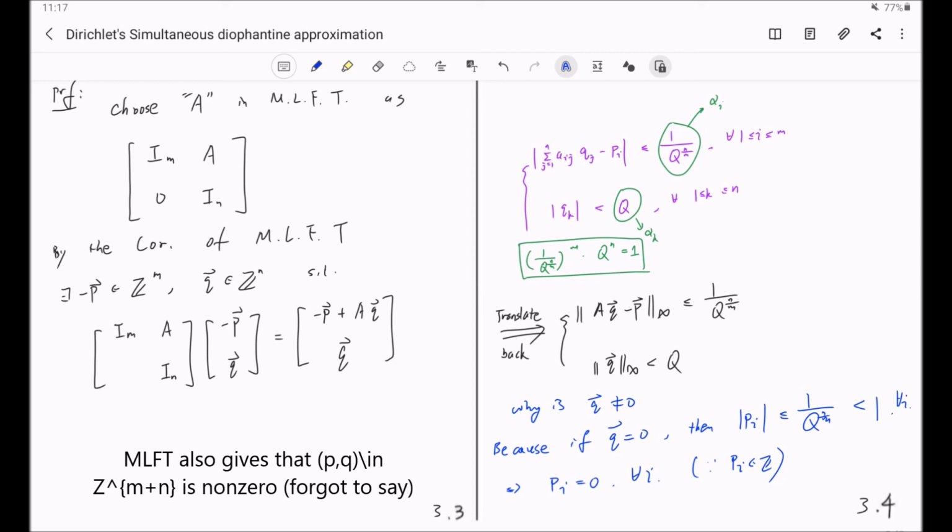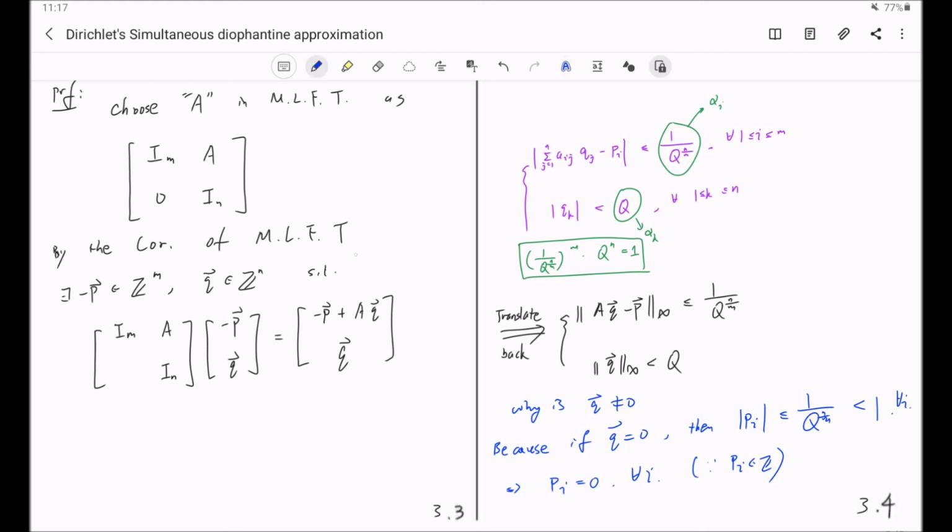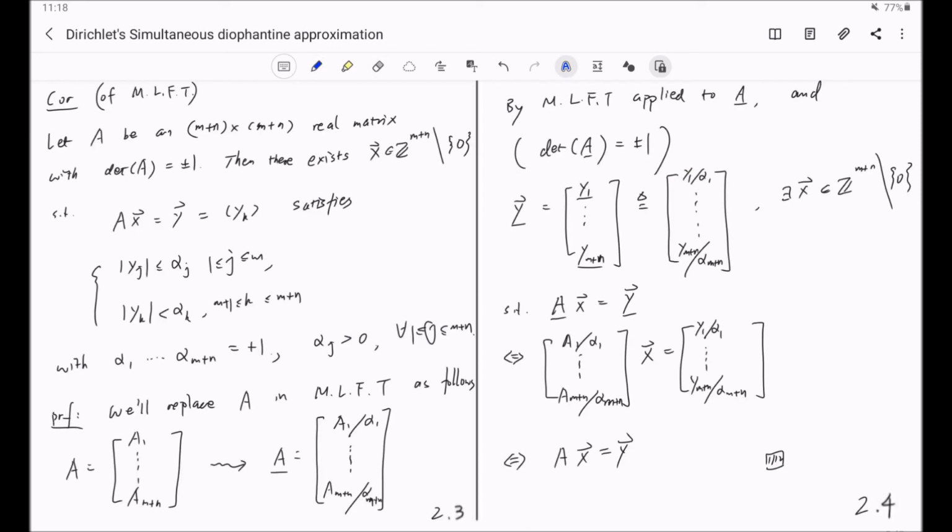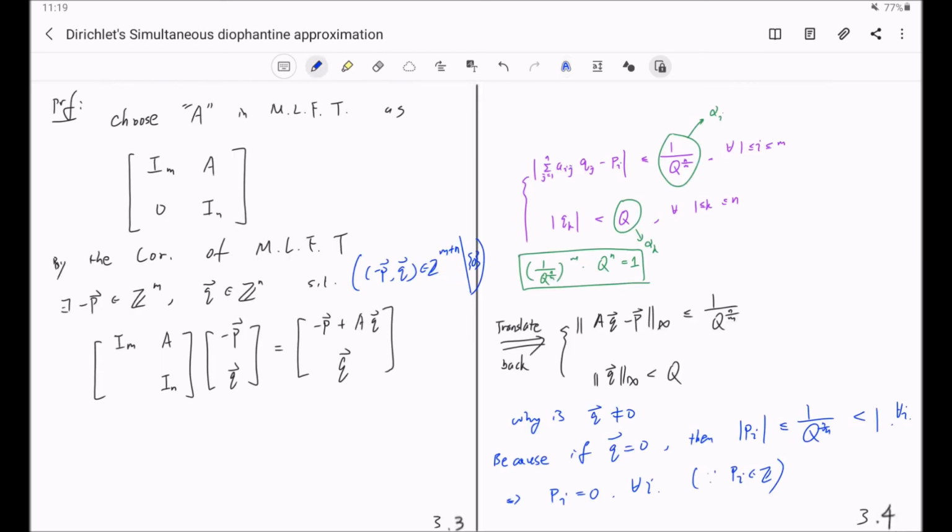So this is a contradiction to this corollary of Minkowski's linear form theorem. Because don't forget that Minkowski's linear form theorem has a conclusion that actually this vector is non-zero. This vector in Z^(m+n) is a non-zero vector. I should have said it earlier.